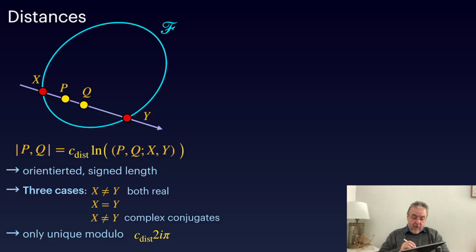So we may consider the distances that we get here only as given modulo a factor, which is c distance times 2 times i times pi, which comes from the multi-valuedness of the logarithm function if you consider it as the inverse of the exponential function. So let me just collect a few obvious facts that show that those kinds of distances I've defined here are reasonable objects.